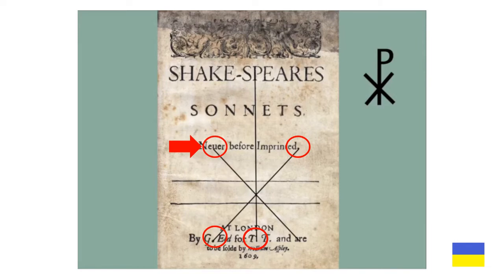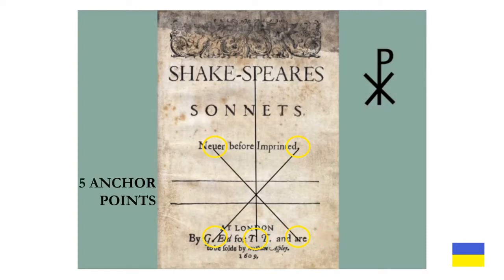The other line begins at the base of the lowercase u, which acts as the letter V, and it ends at the base of the lowercase r in the publisher's blurb. This gives us 5 recognizable and visible points with which to anchor this geometric design.